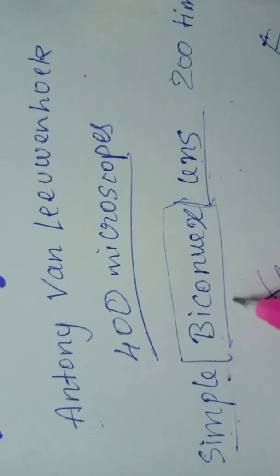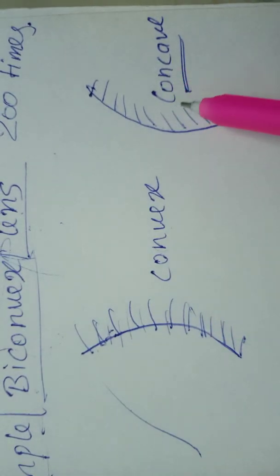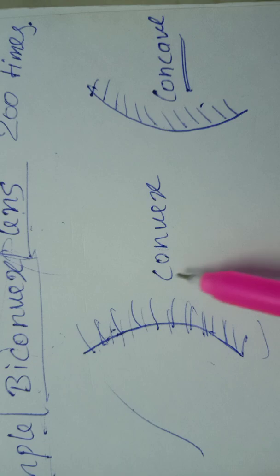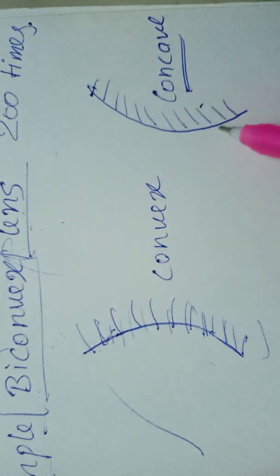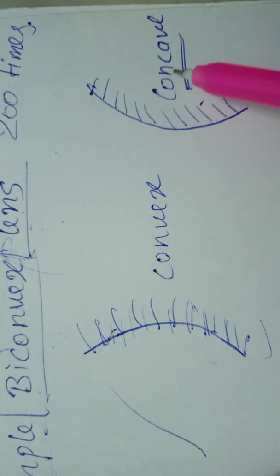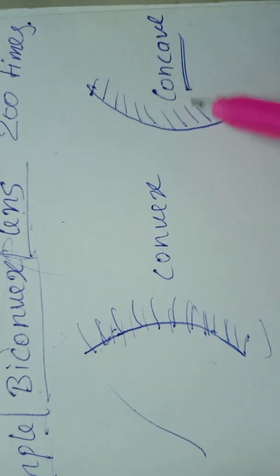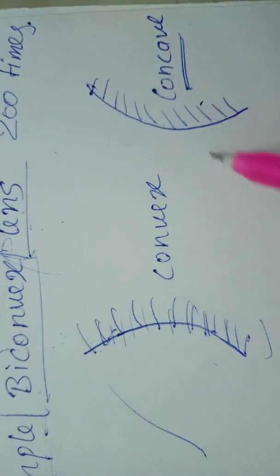Now, what is this biconvex? You have two terms, that is convex and concave. If you take a curve, the outer portion is known as convex and the inner portion is known as concave. Cave means what it will be inside.